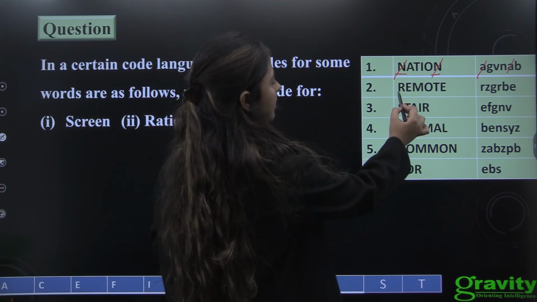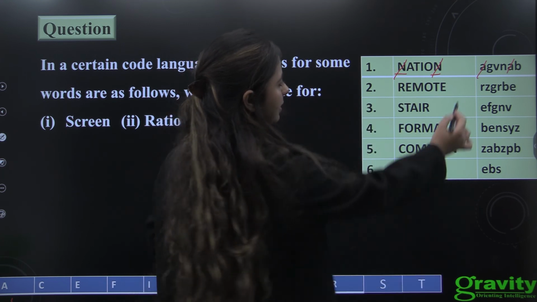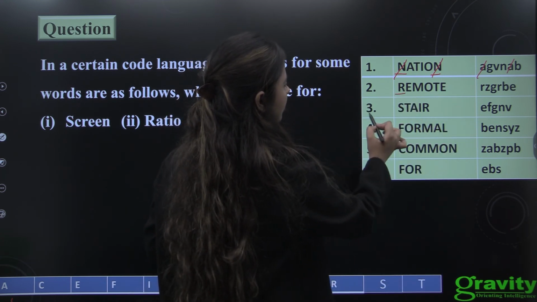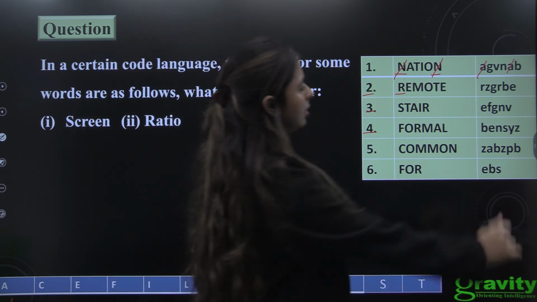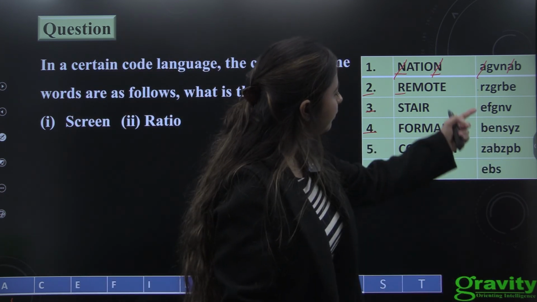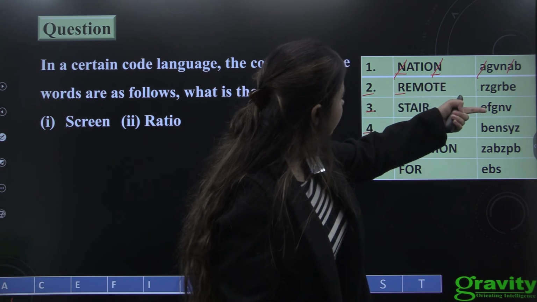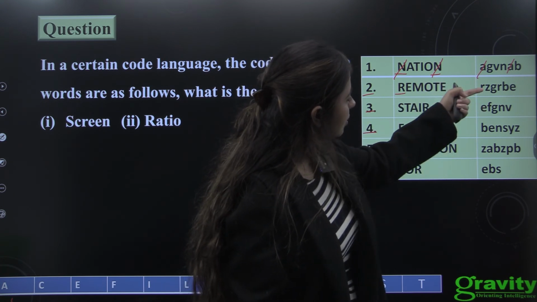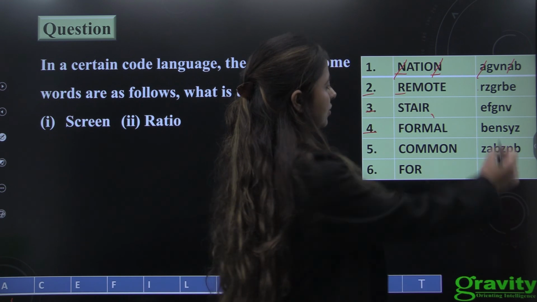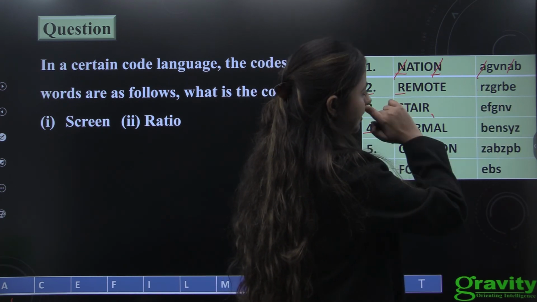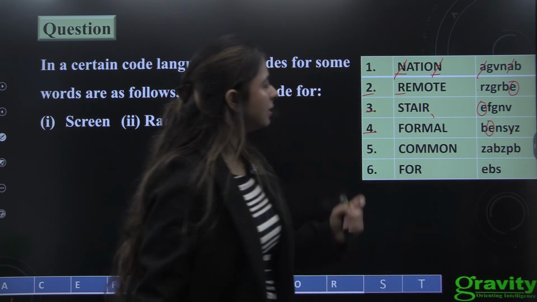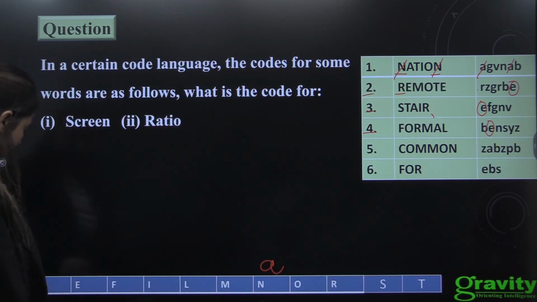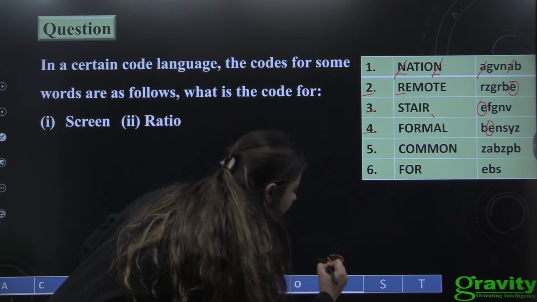Next, for R, look for the common in 2, 3 and 4. R doesn't come in 4. Z doesn't come in 3. Only E. G doesn't repeat again. Only E comes in all the 3. So R is E. It's E.